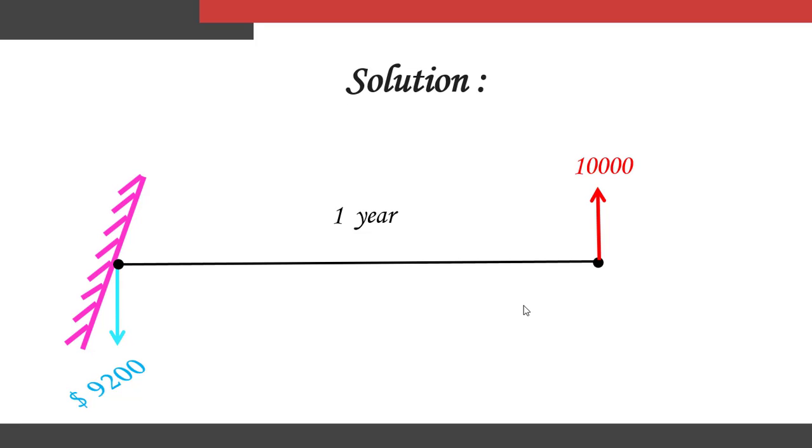We need to compare the present value of $9,200 and $10,000. The $9,200 is now, so its present value is the same $9,200. For $10,000 I must get P, the present value, by using the formula P equal S over 1 plus RT.